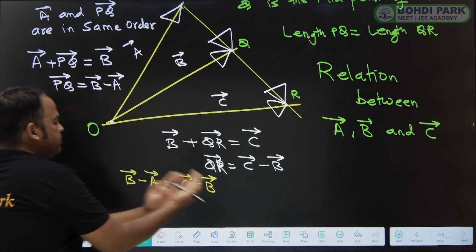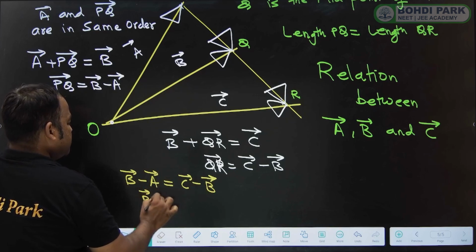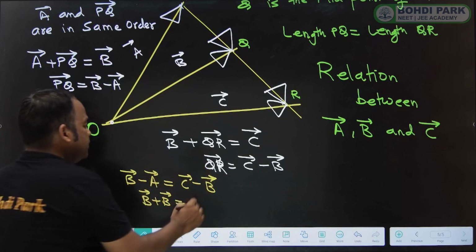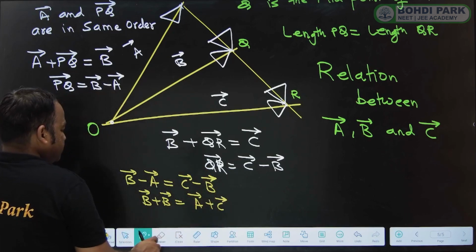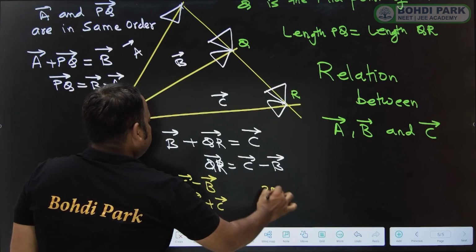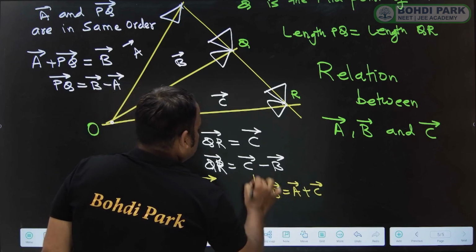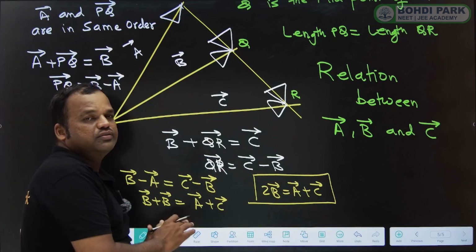Now take minus B vector to the left side, so this will become B vector plus B vector, and minus A vector to the right side, so this will become A vector plus C vector. So that will be 2B vector is equal to A vector plus C vector, and this is the answer. This question is solved using triangle law.